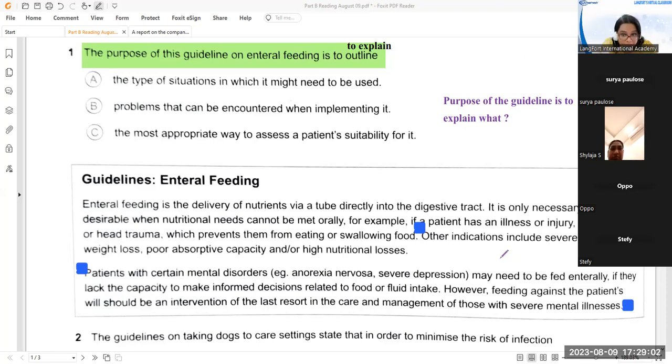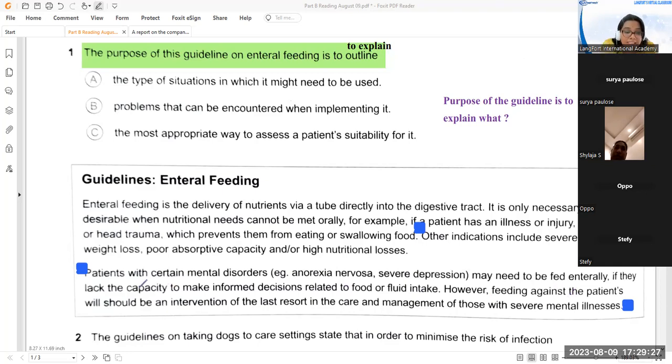Okay, but we cannot feed patients against their will, against their permission. We can only do that as a last resort when we don't have any other choice, as a last solution. Only in such a step can we do enteral feeding without their permission, and this is for patients with severe mental illnesses.